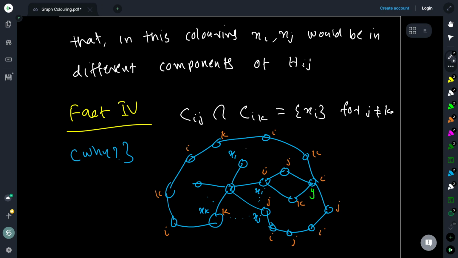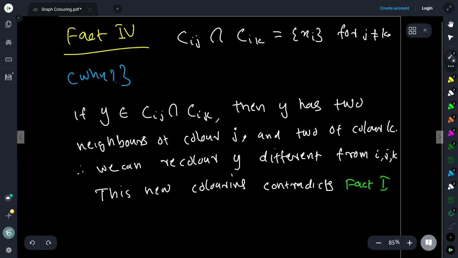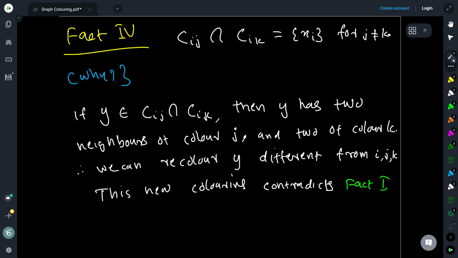And we are still back to square one, because once you do this, we immediately see that the components get disconnected. So if y is in this intersection, then we can recolor y, and it will again contradict our first assumption that we have disconnected components.